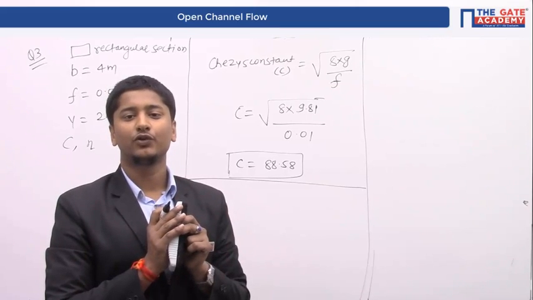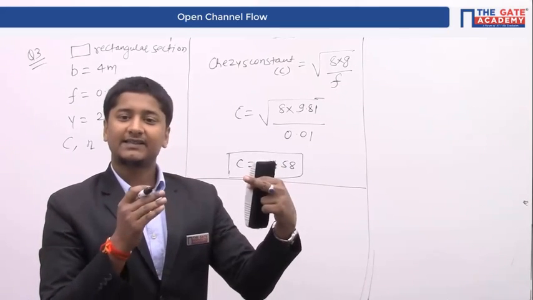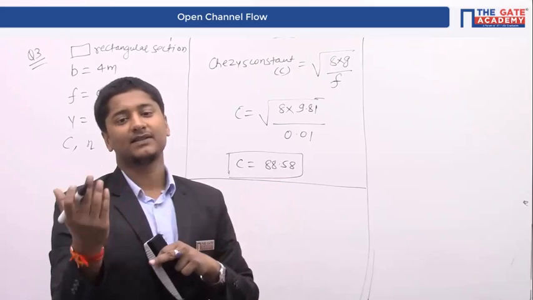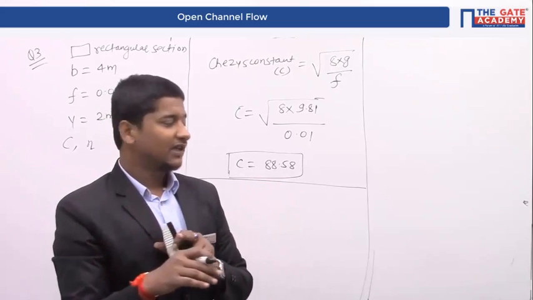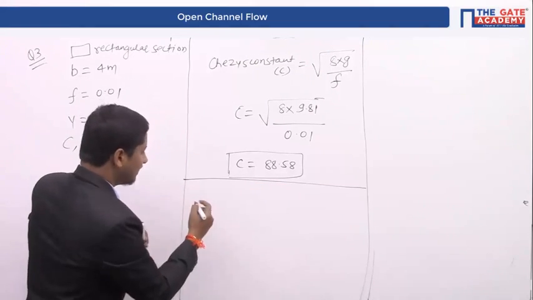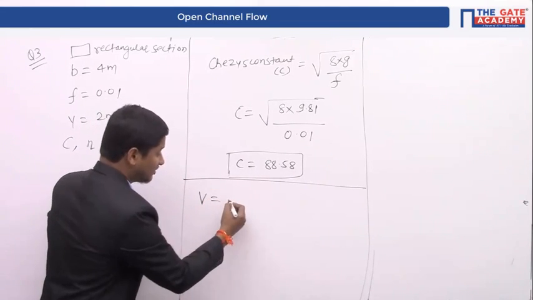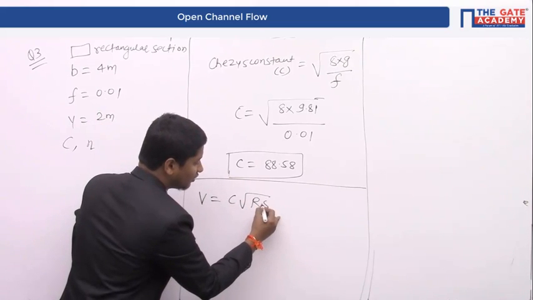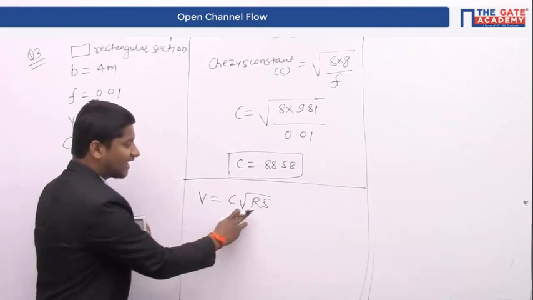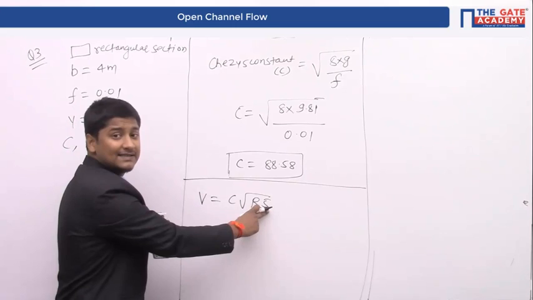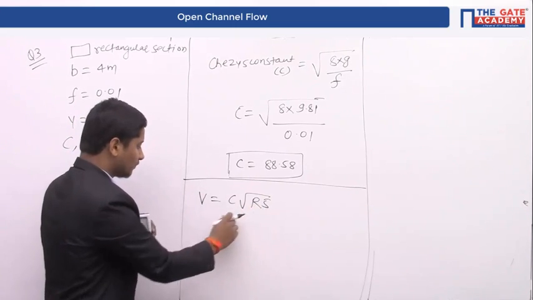You will take Chezy's velocity equal to Manning's velocity. Just look into the board. Velocity will be equal to, for Chezy's, C root under R into S, where R is hydraulic radius, S is bottom slope.